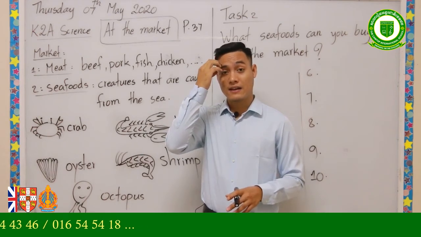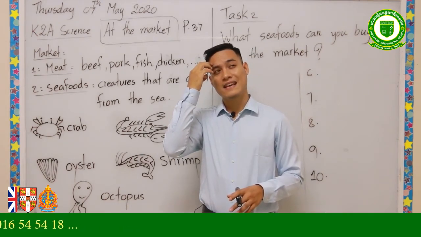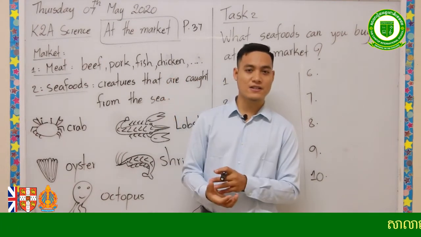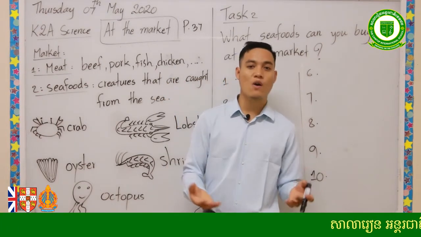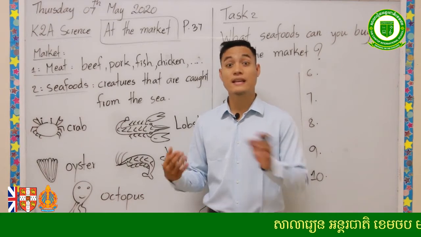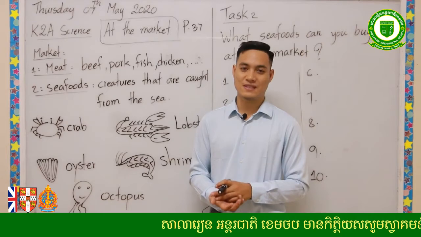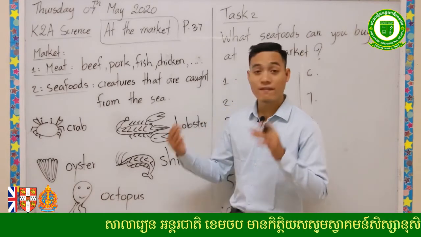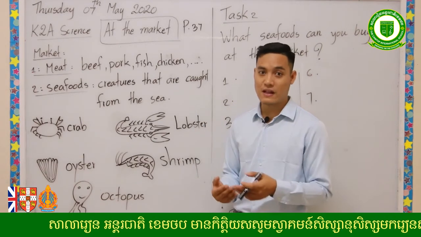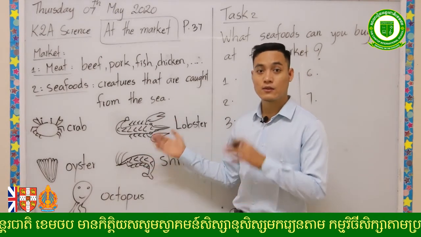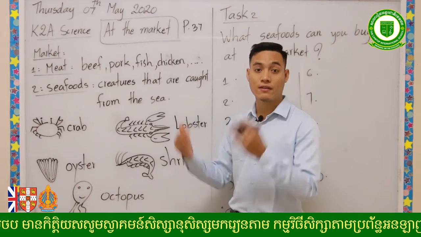Like jellyfish, starfish, or seahorse, or the sea leech, and many other creatures from the sea. Okay, so you need to find more for yourself, because if you learn from me like this, you can understand it, it is good, but you can search more.